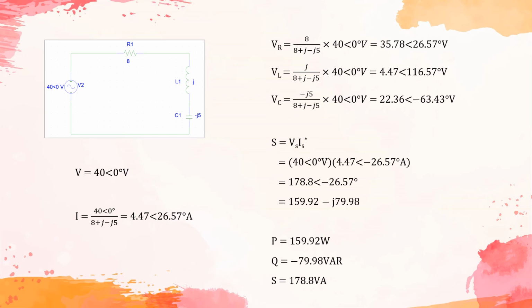So first we have 178.8 with angle of negative 26.57. So this magnitude will be our apparent power S. Then 159.92 will be our P, which is the real power.